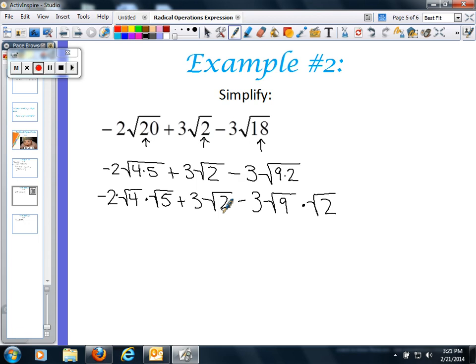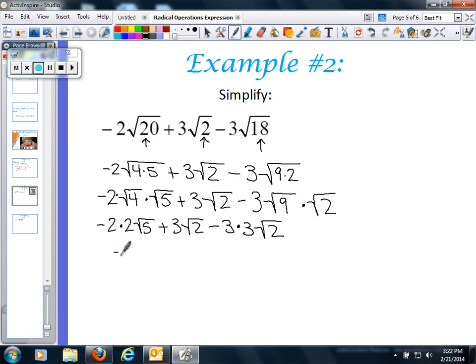Okay, so I look at radical 4. Radical 4 definitely simplifies. So this is negative 2 times square root of 4 is 2, radical 5, plus 3 radical 2, minus 3 times the square root of 9 is 3, radical 2. Now you're going to do one more simplification, and then you'll be done.